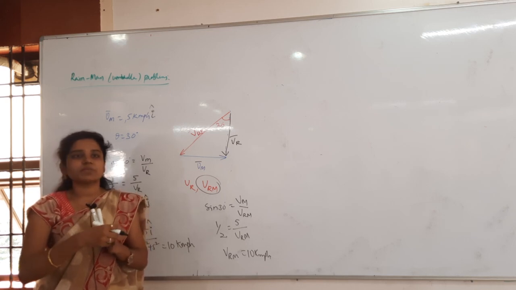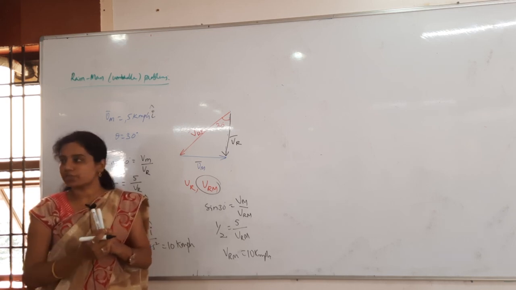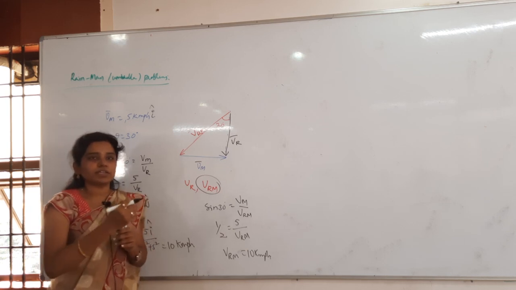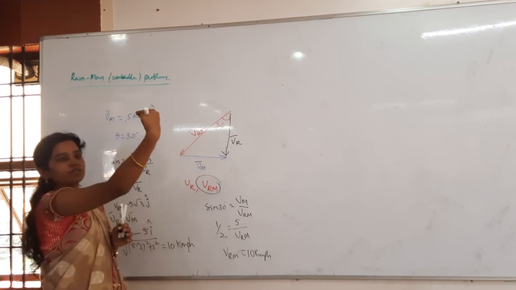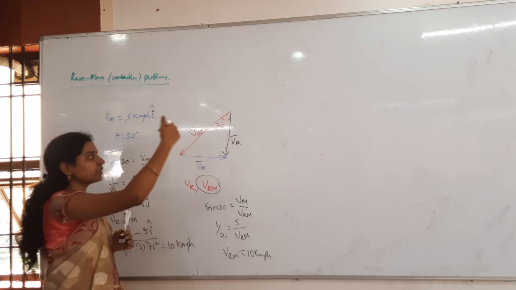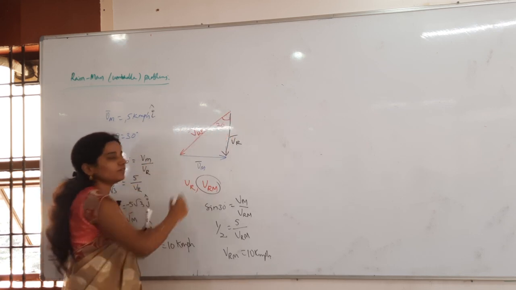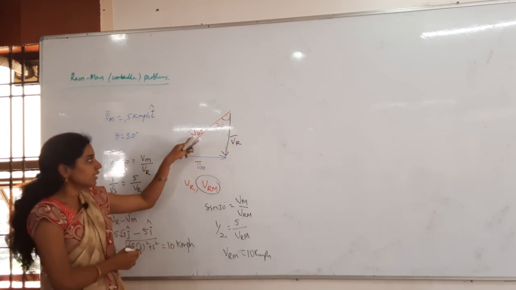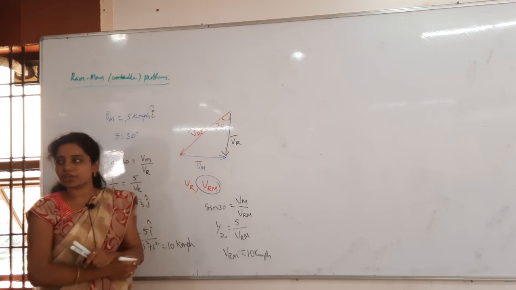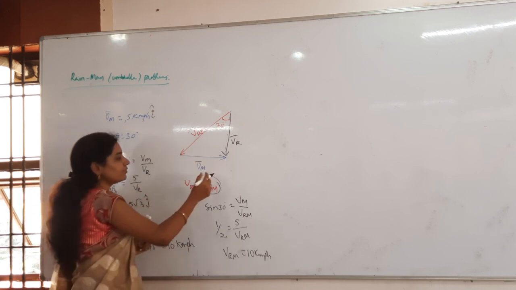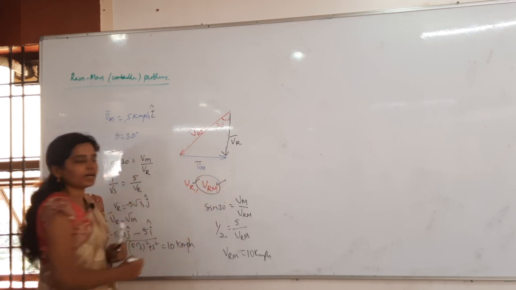Appears or feels is nothing but they are talking about the relative motion, the relative motion of the rain. He is feeling that rain is hitting at a 30 degrees angle. 30 degrees with what? With the vertical. He is feeling, so you have to take relative motion. Then you have to find out Vrm and then Vr.